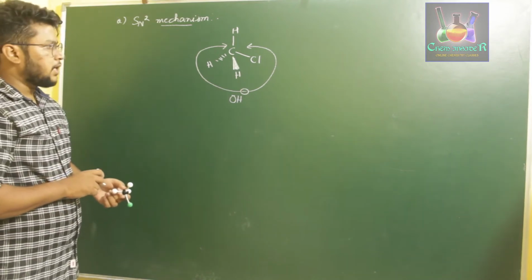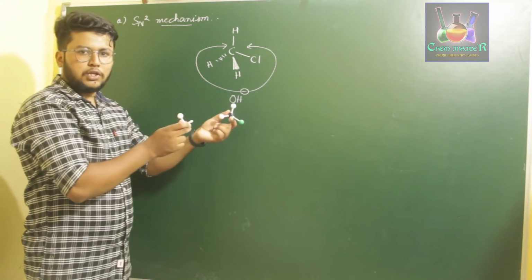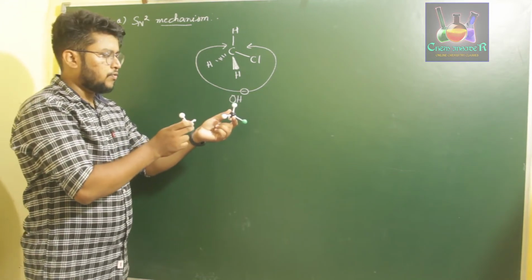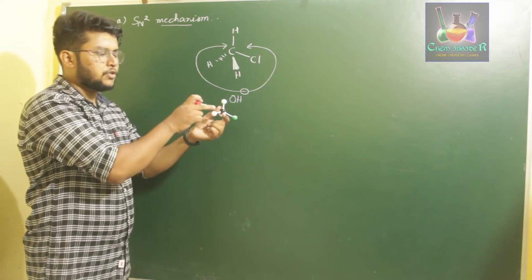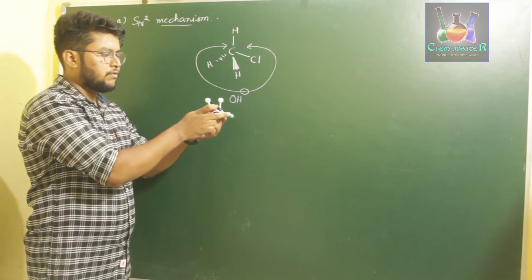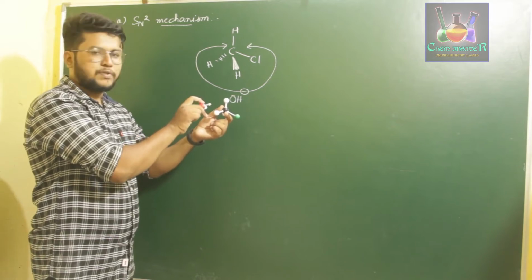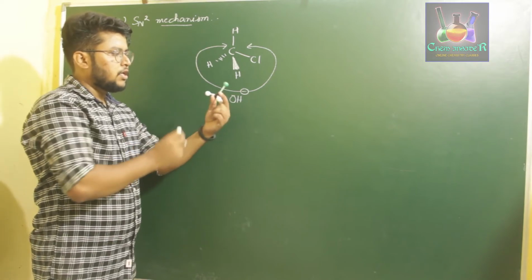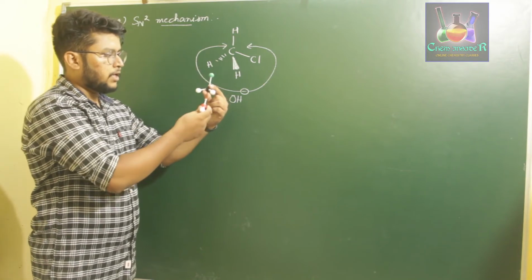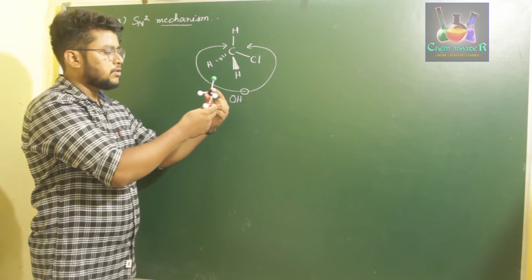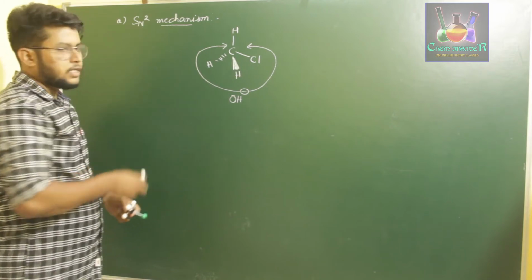The incoming nucleophile attacks the carbon atom from the opposite direction of the leaving group. If this is the halogen, the nucleophile will be attacking from the bottom.